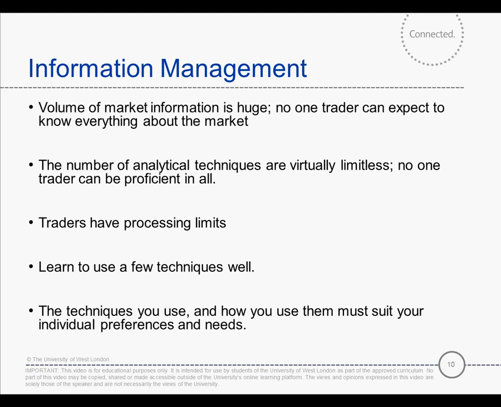It's quite literally infinite. If you want information about virtually anything, you got it. And if you were to go through all the volumes of all the types of information and all the layers of information, all the volume of information that's out there about the market, the economy, etc., you are not going to be able to get to grips with it in your lifetime. That's how big it is.